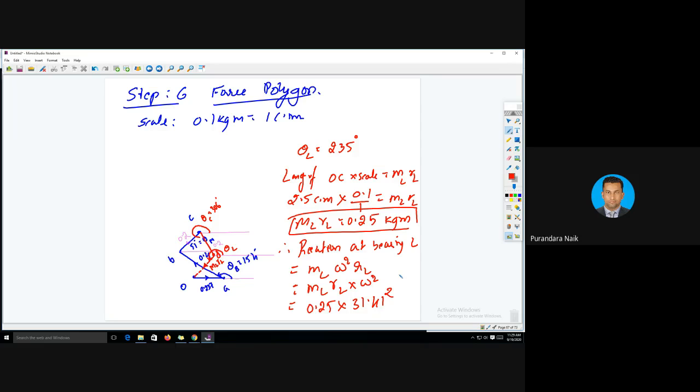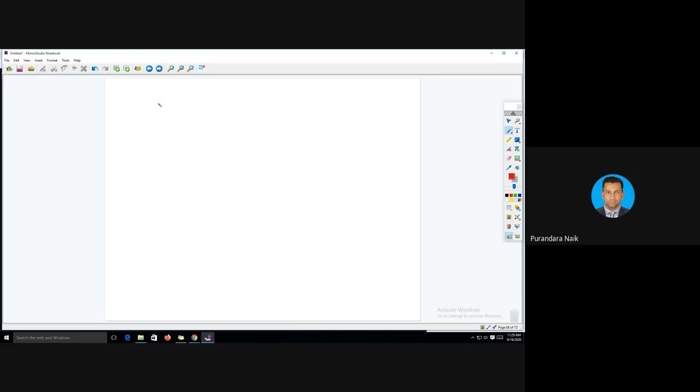We'll get the answer: 0.25 into 31.41 square. The dynamic force reaction is equal to 246.647 Newton.